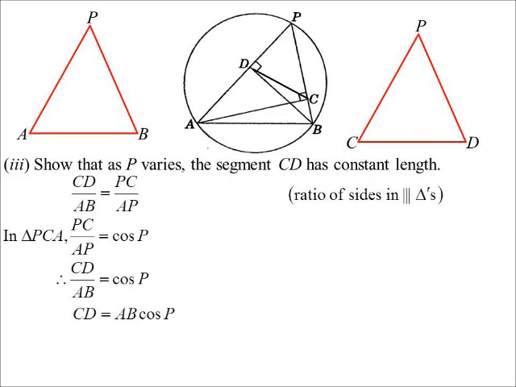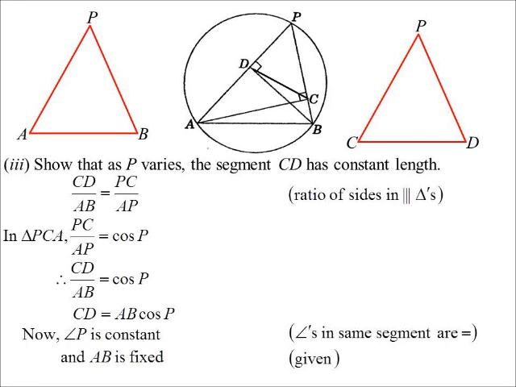Well, CD is equal to AB times the cosine of P. But we said AB was of fixed length, so that's not going to change. And the other thing about P is it moves around, that angle is not changing either, right? Because angles in the same segment are equal. So angle P will be a constant value. AB, they told us, was a fixed length. So therefore, CD is a constant.